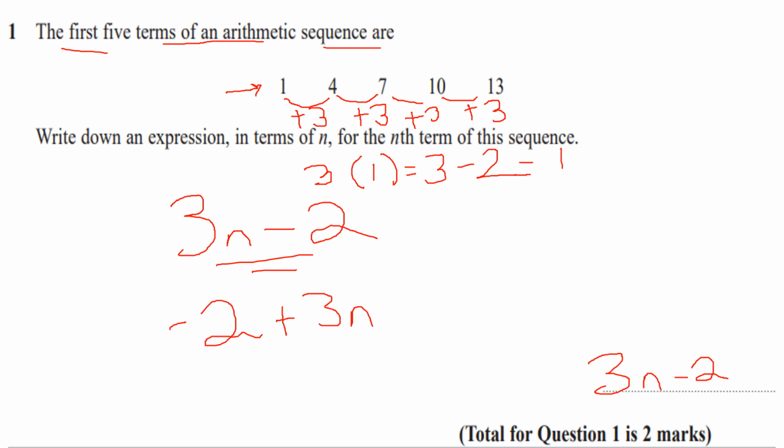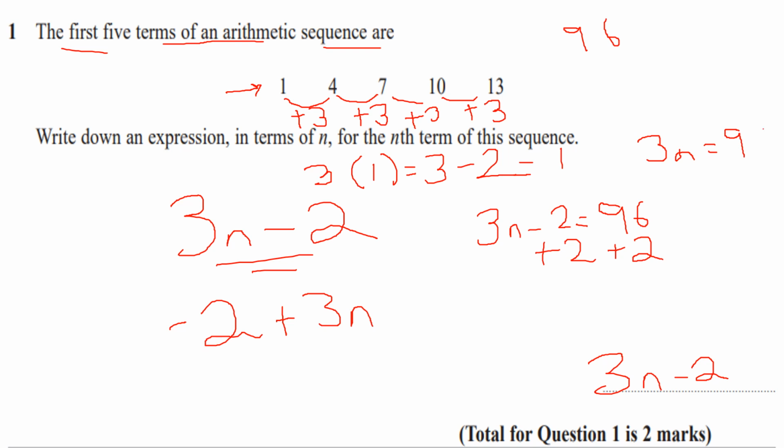So for example, let's say it asks you, does 96 lie in this sequence, as a part C? You'd say, well, does 3n minus 2 equal 96? If I solve for n, I'm going to add 2 to both sides, doing the inverse operation and balancing the equation. I get 3n is equal to 98.